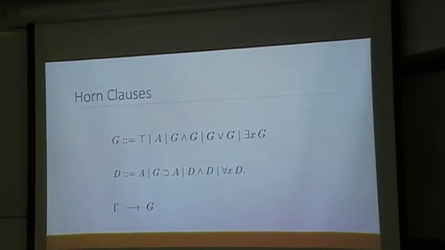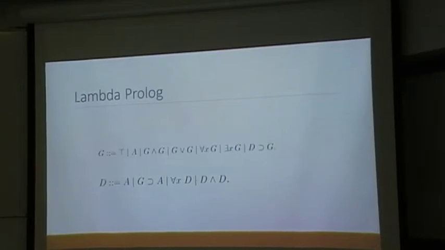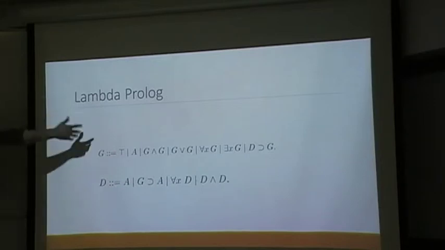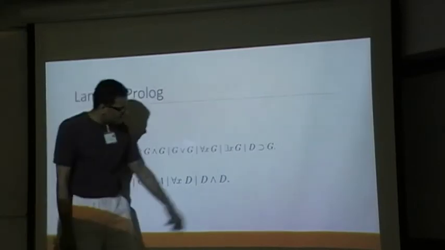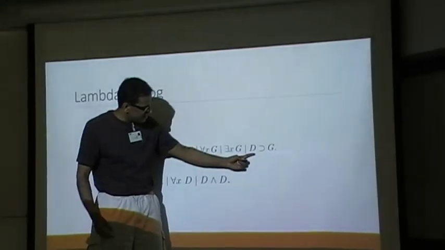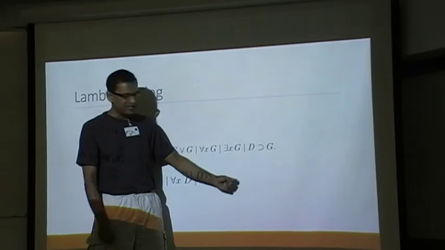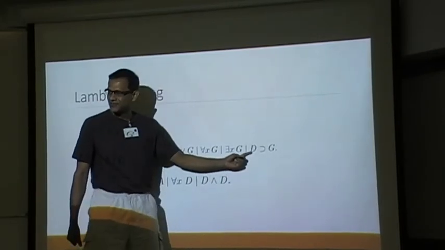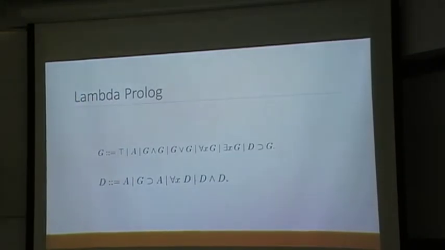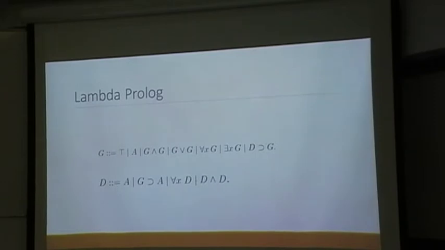And of course, that does not just have to be Horn clauses, you can have full hereditary Harrop formulas. So you have richer stuff. In particular, your goals can be conditional goals, so you really want to prove that, but you can assume something extra. So you're using much more of intuitionistic logic.